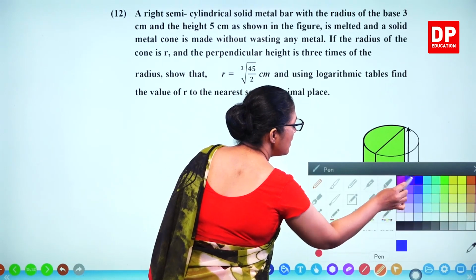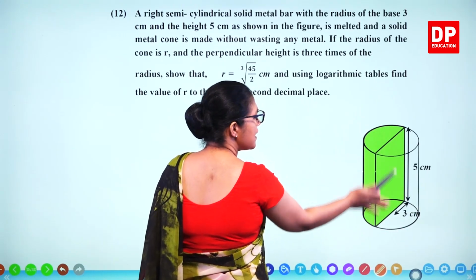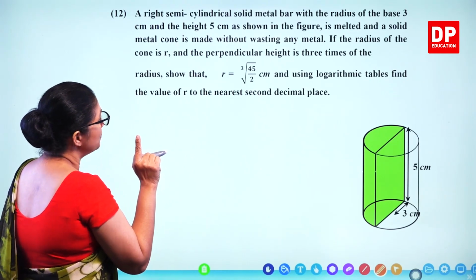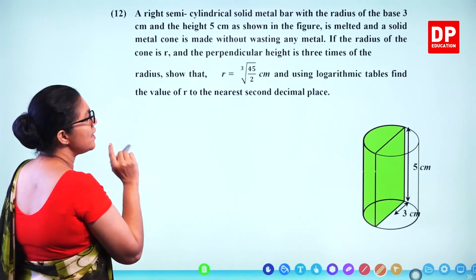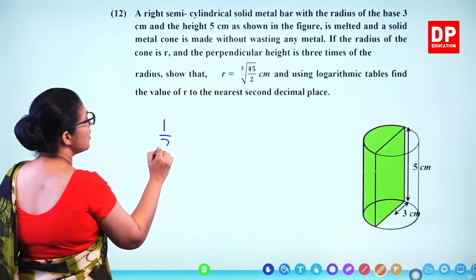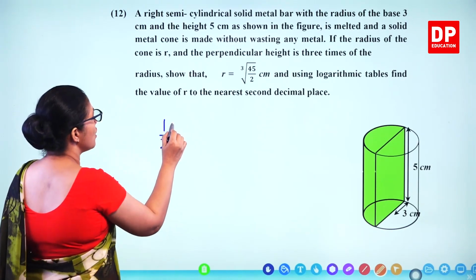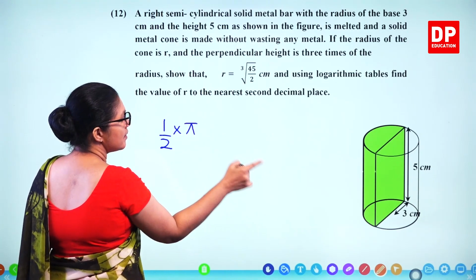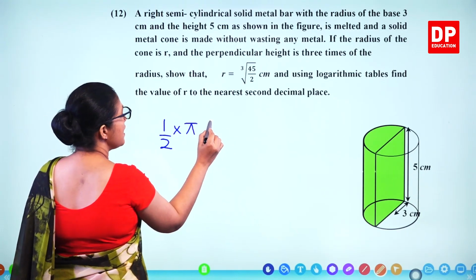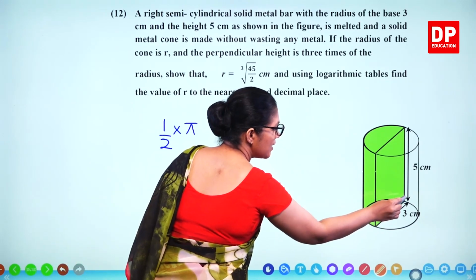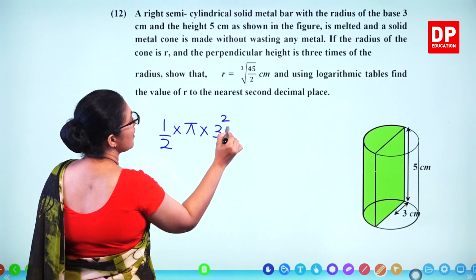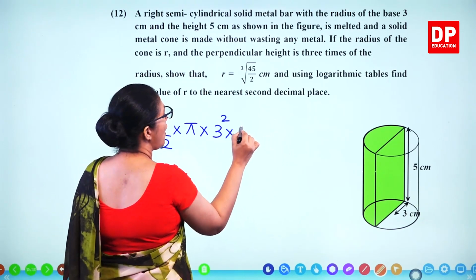So this is a half of a cylinder. And what's the volume? Volume of this is half into pi r squared h. Diameter is 3, radius is 3, so 3 squared. H is 5.